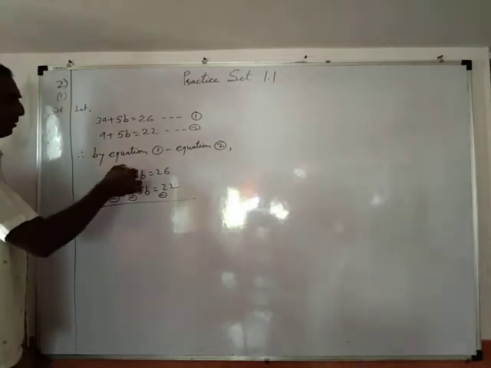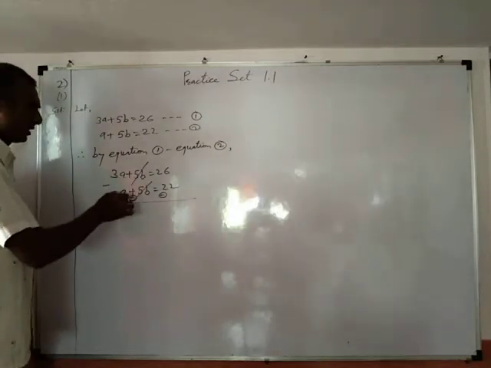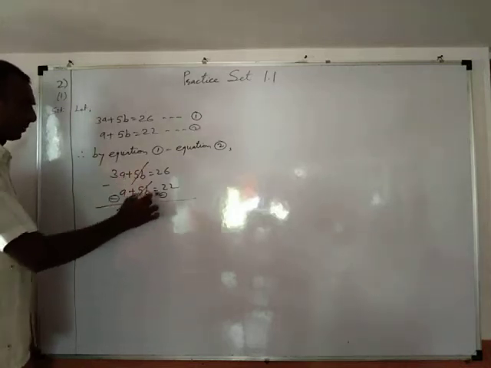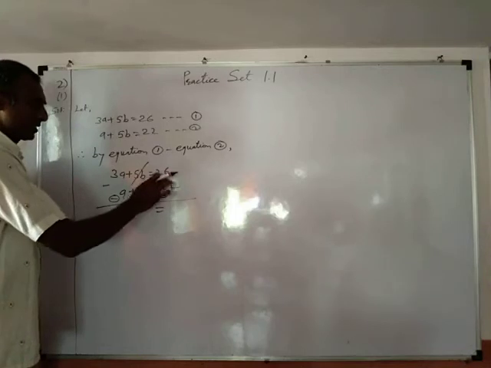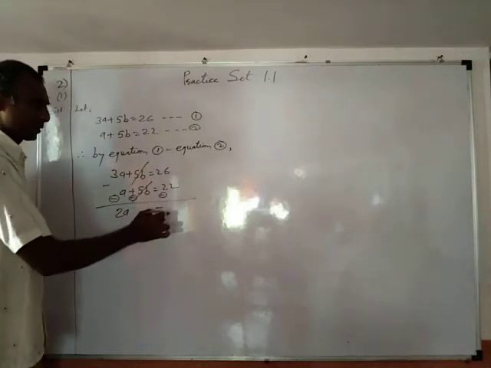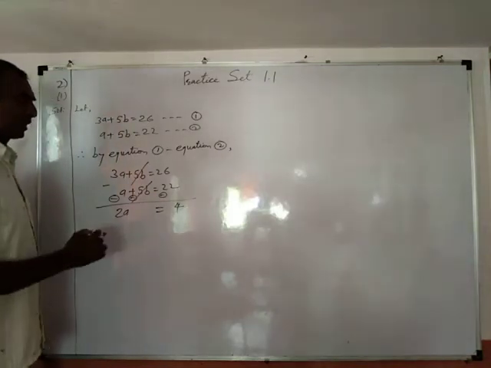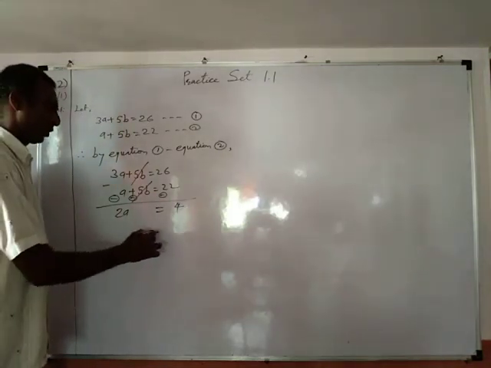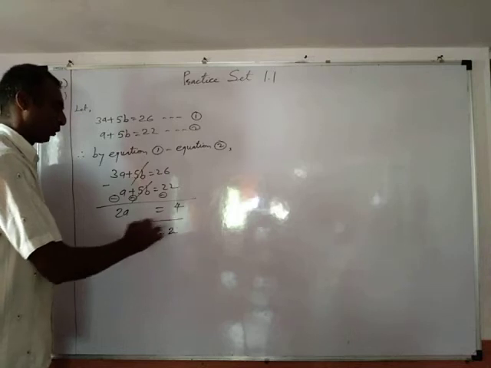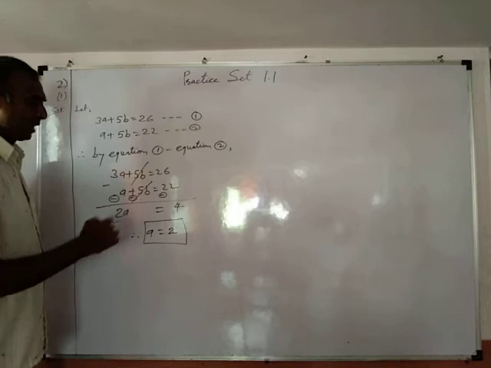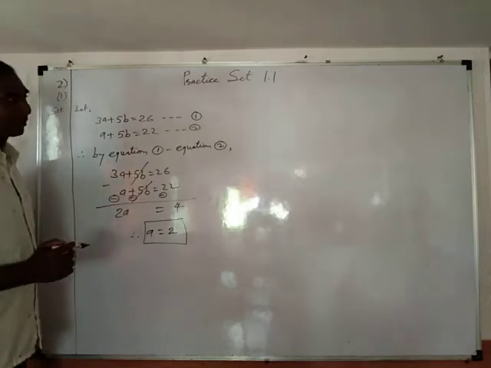Here 5b - 5b will cancel each other. 3a - a gives us 2a. That equals 26 - 22, 6 - 2 is 4, and 2 - 2 is 0, means 2a = 4, and therefore a = 2, because the multiplier of a will become the divisor of 4 on the right side. 2 ones are 2, 2 twos are 4.